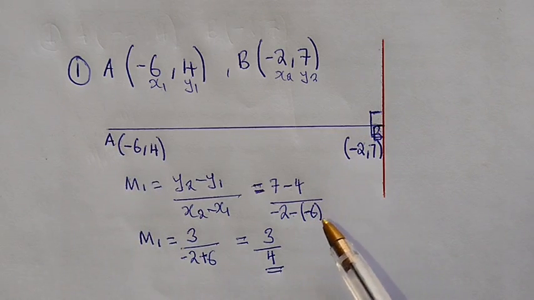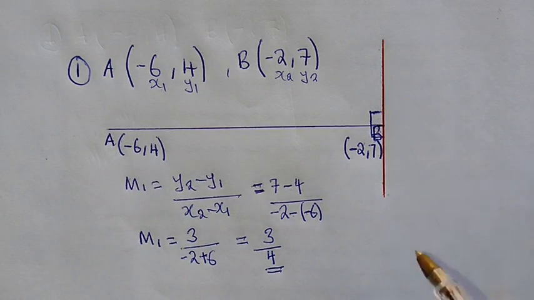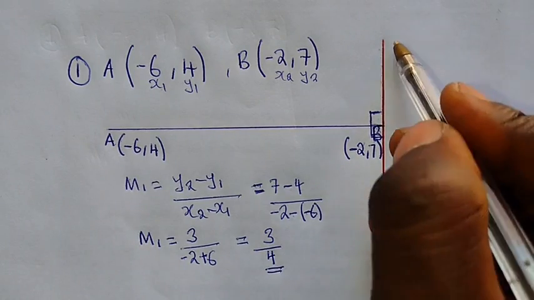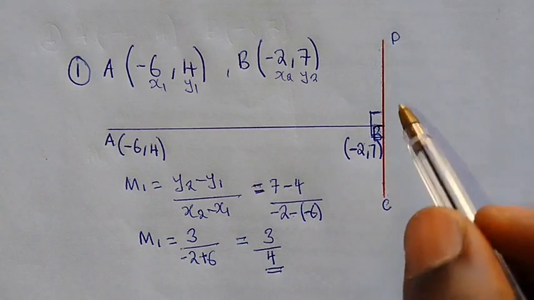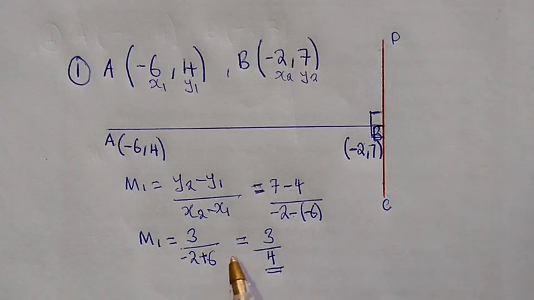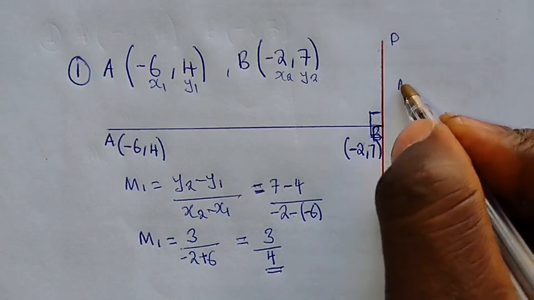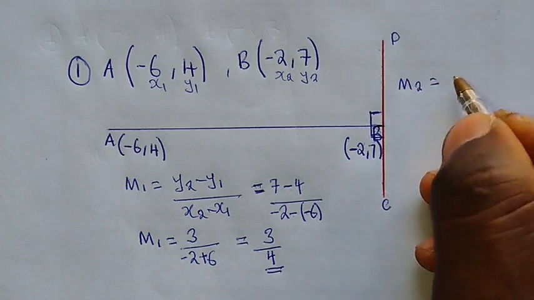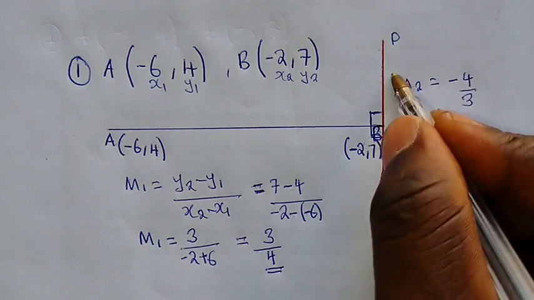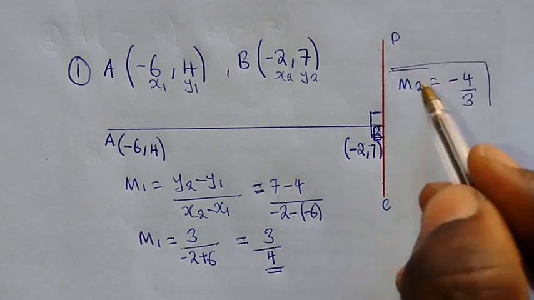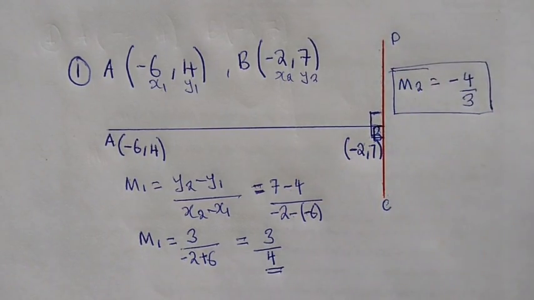Now we need to find the gradient of this other line. We will call this line CD. The gradient of this line is m2, and it's going to be negative 4 over 3. This will be the gradient of line 2.